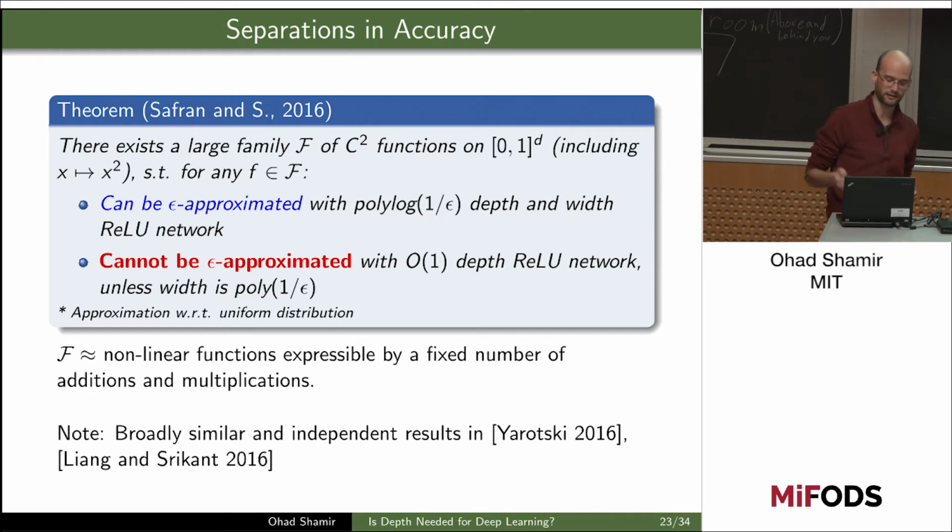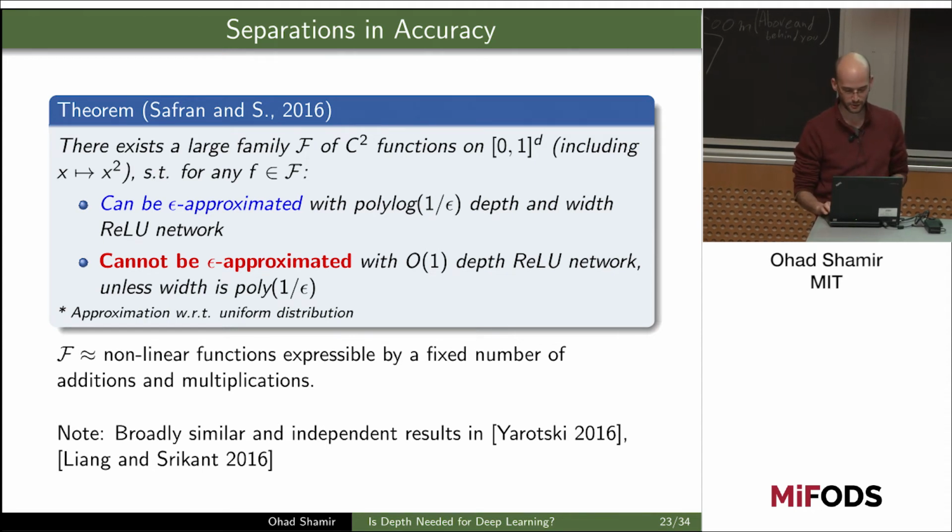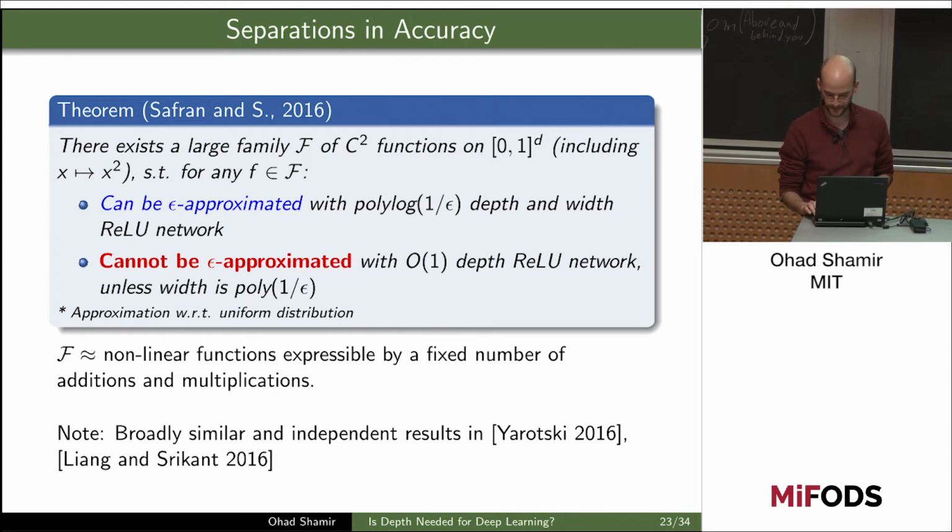But on the other hand, you can't approximate it to an accuracy epsilon with constant depth unless your size is exponentially larger, so polynomial in 1 over epsilon. I should also say that more or less at the same time, there were some independent results by Yarotsky and Liang and Srikant that used more or less the same ideas.